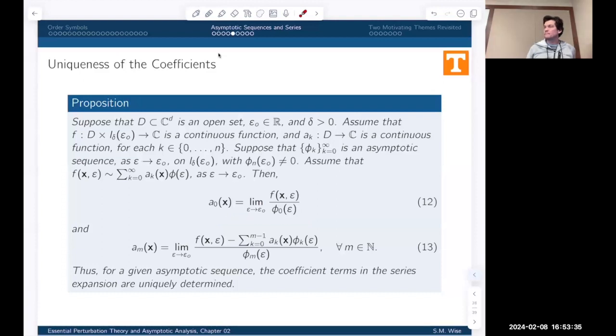I think there's a typo. There's almost assuredly, sir, a typo. The line above equation 12, f(x, epsilon) is tilde. Should it be phi_k(epsilon)? Yeah, missing a k there.